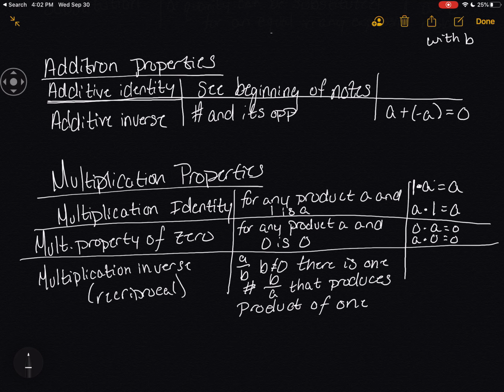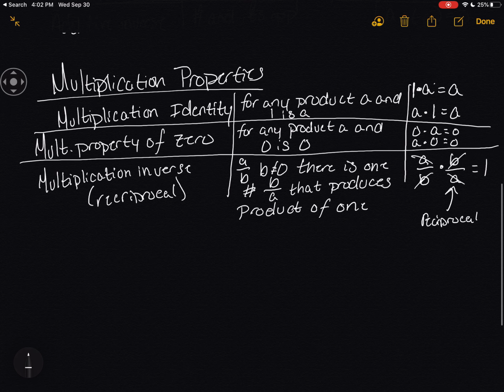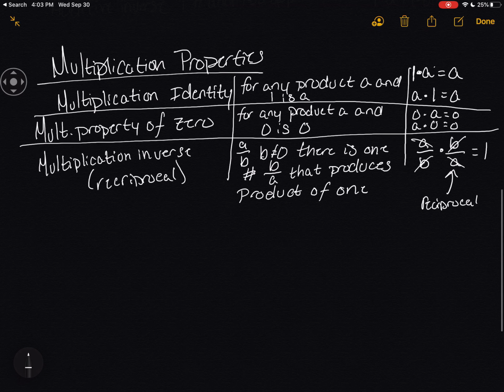So in other words, what it's saying is that if I have A over B and I'm multiplying it by B over A, which then is the reciprocal, I would get the answer of 1 because my B's would essentially cancel and then my A's cancel as well, giving me a product of 1.